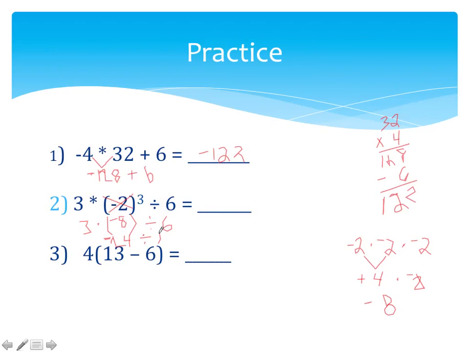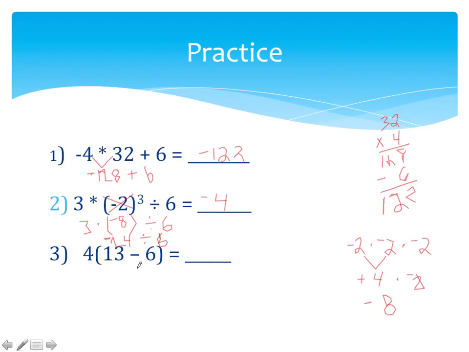Okay, my rule tells me again that, sorry, my pen is acting funny. Bear with me. So I have a negative divided by a positive, so I know my answer is going to be negative. And 24 divided by 6 gives me 4. All right, so 2 down, 1 to go.